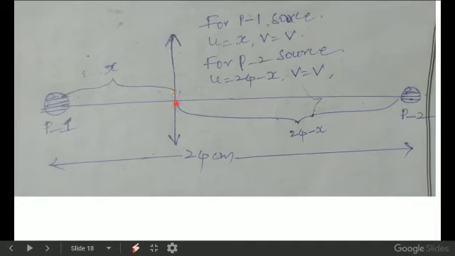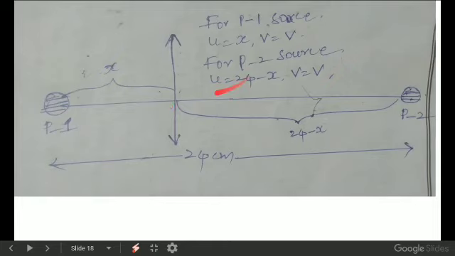Now for point source 2, the object distance is 24 minus x, and the image distance is also the same, that is v, in both cases. So we have considered that when the lens is placed at x distance from point source 1 and at 24 minus x distance from point source 2, the image will be formed at the same distance, that is v.